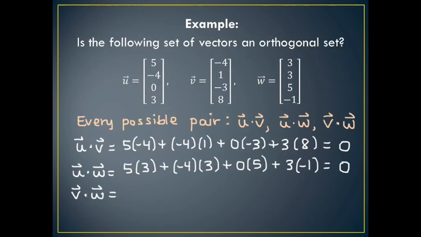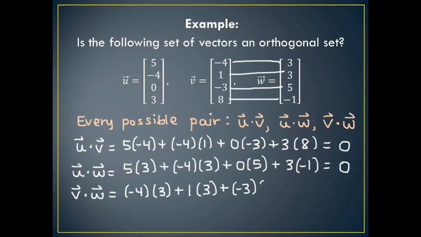My third pair, v dot w, I'll do the same thing. So I will have -4 times 3 plus 1 times 3 plus -3 times 5 plus 8 times -1. When I add all those together, I get -32.